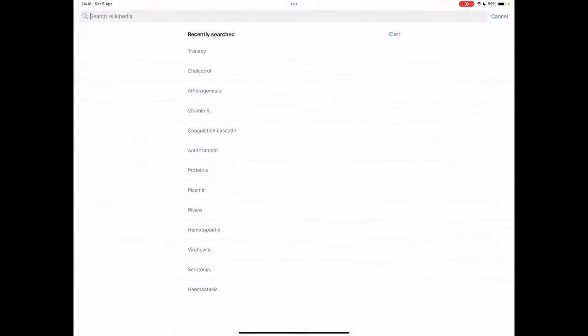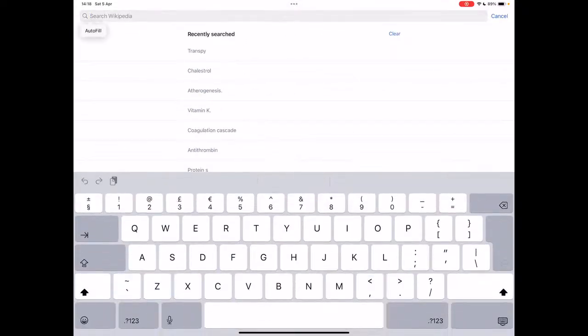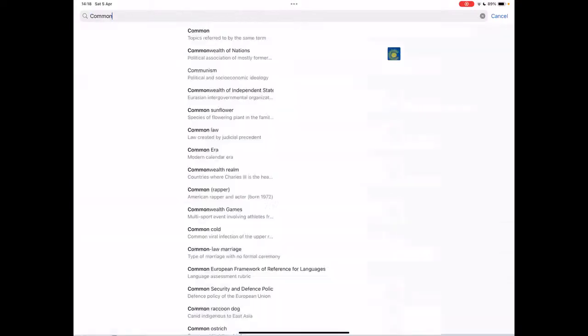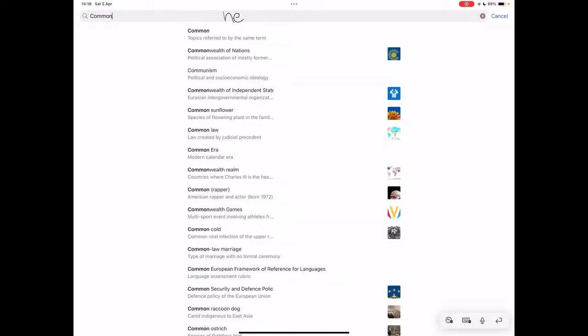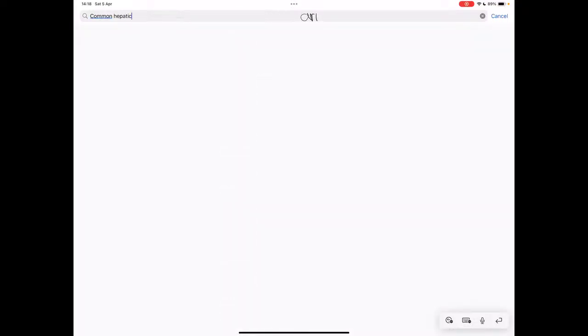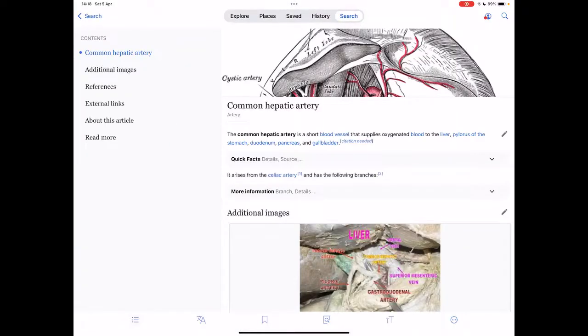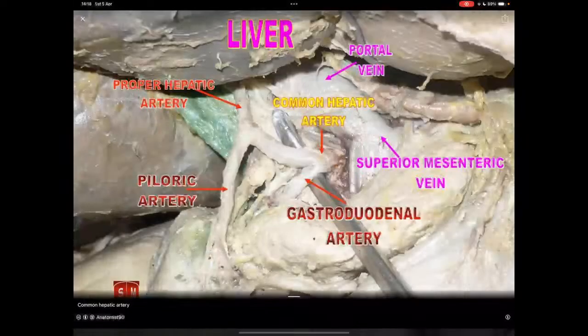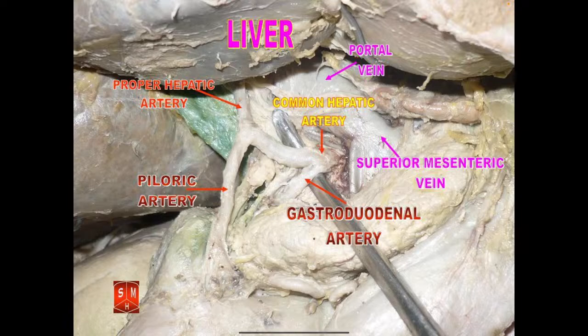I want to also ask a bit about arteries, specifically the common hepatic artery. Sure, the common hepatic artery is a branch of the celiac trunk. It supplies oxygen-rich blood to the liver, pylorus of the stomach, duodenum, and pancreas. It typically divides into the proper hepatic artery and the gastroduodenal artery.